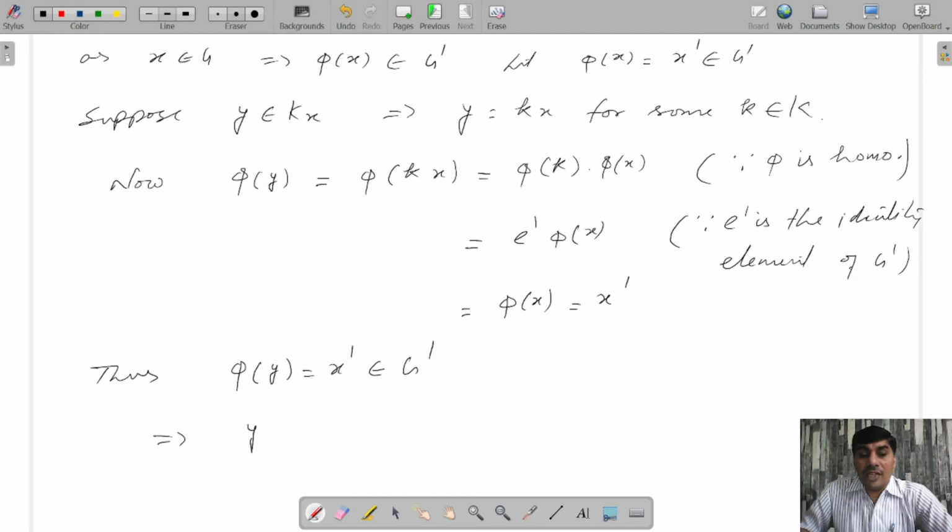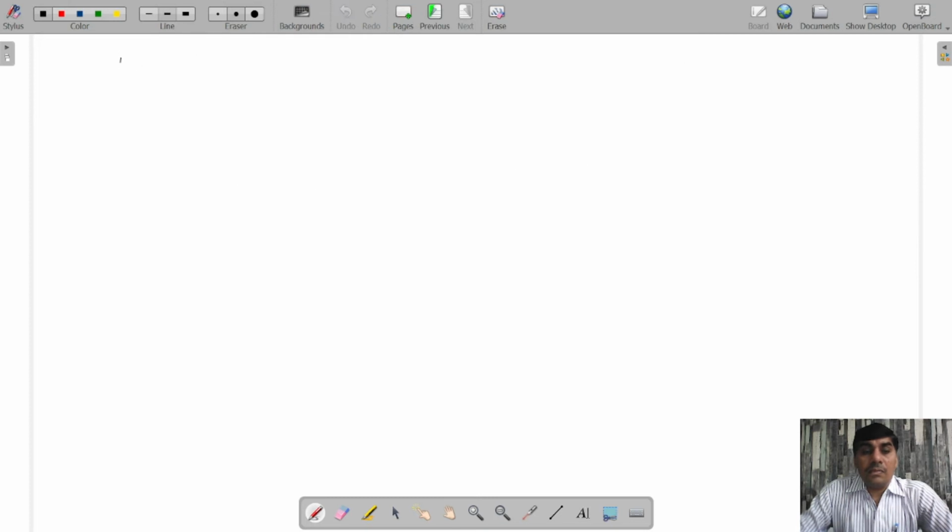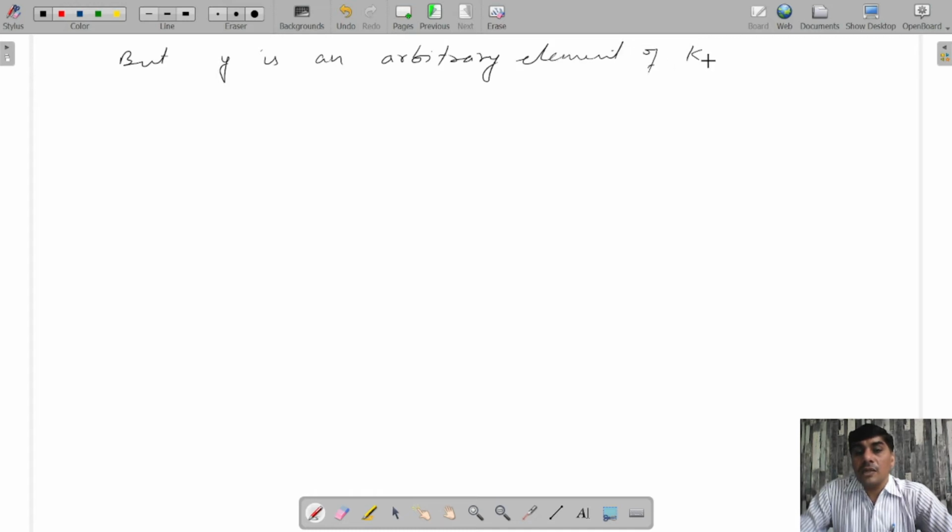This implies y belongs to phi inverse of x dash, but y is an arbitrary element of Kx. This implies Kx is contained in phi inverse of x dash. Put it equation number 1.